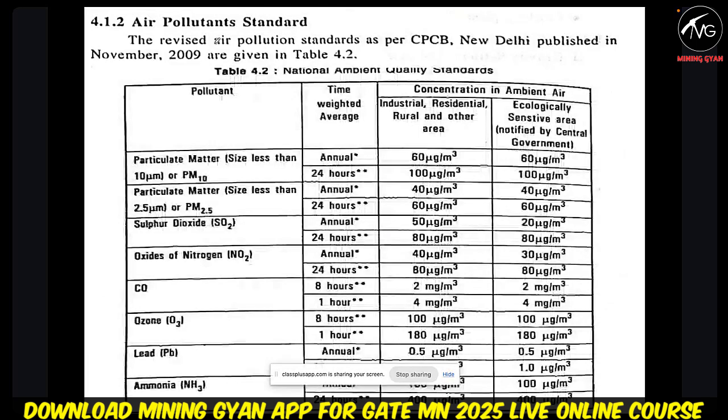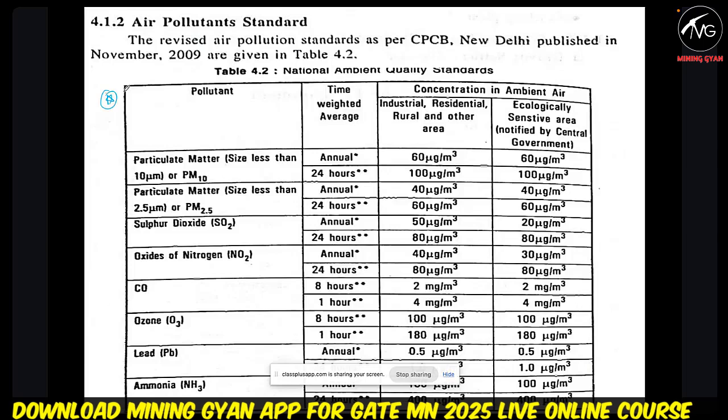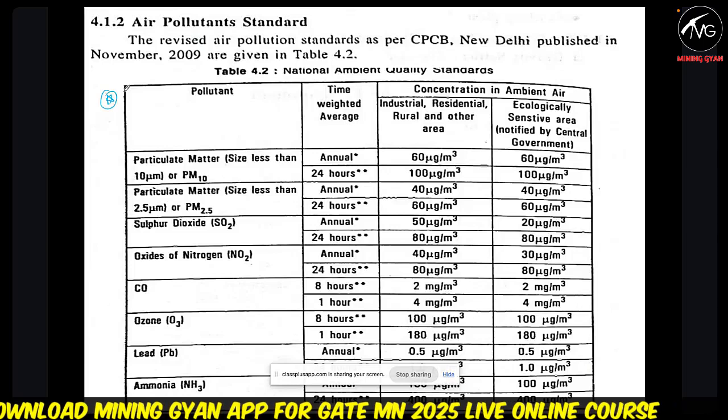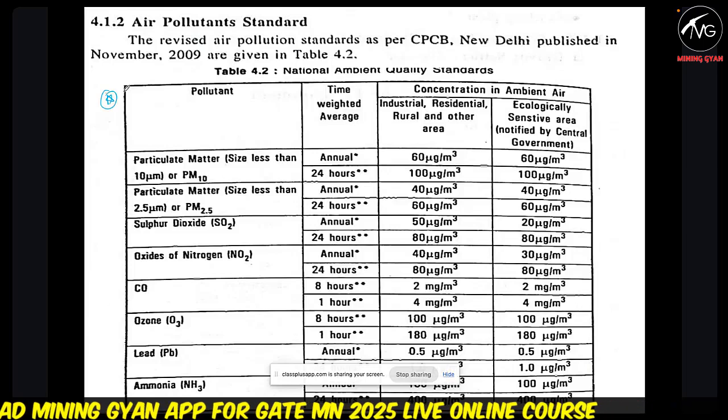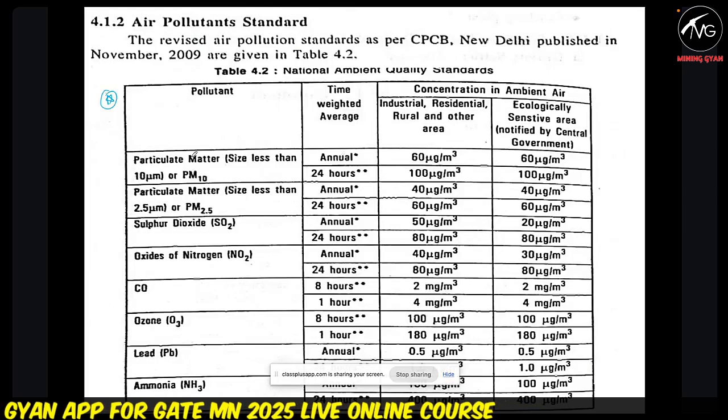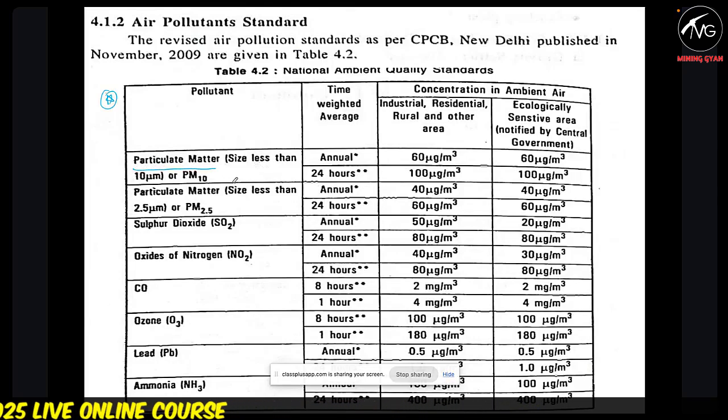Then we have seen the air pollutant standards. So I told you to remember this table also. These two tables, I told you to read 4, 5 times, so it will stick in your mind, right? Sometimes they will directly ask the particulate matter less than 10 micron, annual limits. So 60 microgram for the 24-hour.